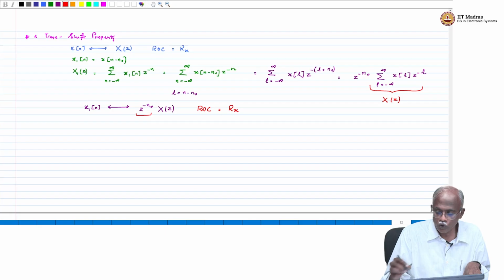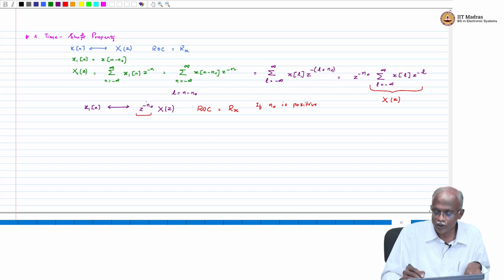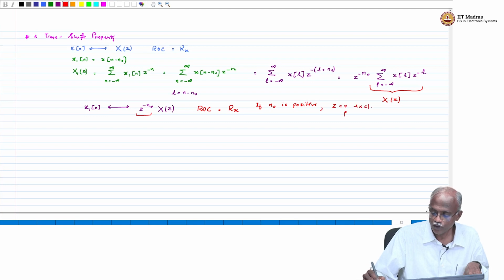Okay, so if n naught is positive, that means it is a delay. You're causing a delay in the sequence. So if n naught is positive, then z equal to 0 has to be excluded from the region of convergence.